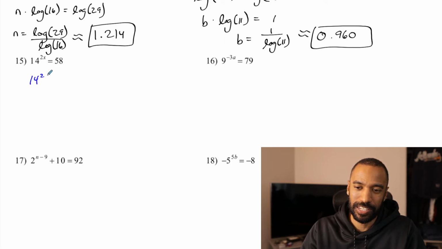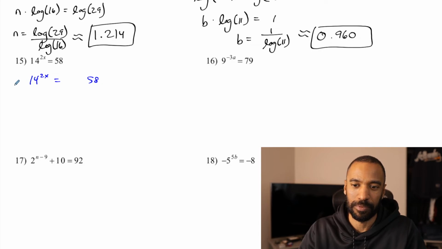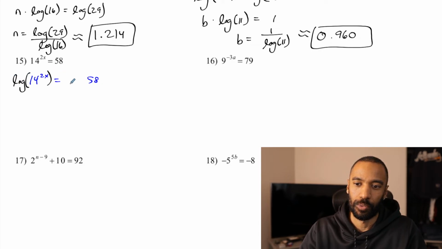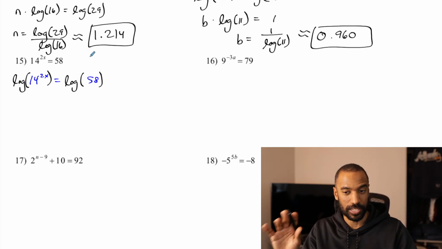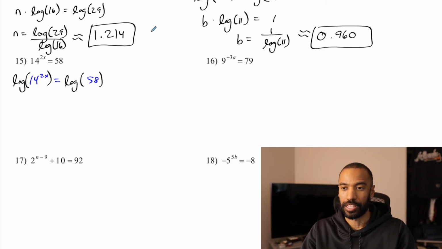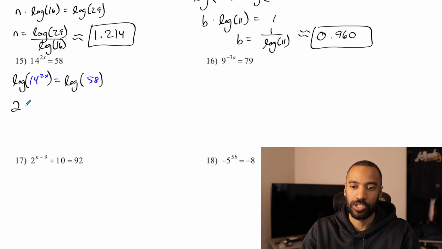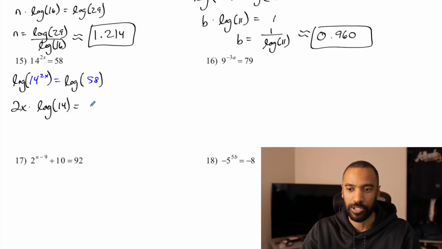All right, 14 to the 2x power equals 58. Let's go ahead and log both sides there. So we're going to do some more work after the log portion of this, and this is where things can get a little trickier. So this is 2x times log of 14. It's not necessarily trickier, but you've got to be careful on how you write your answer.